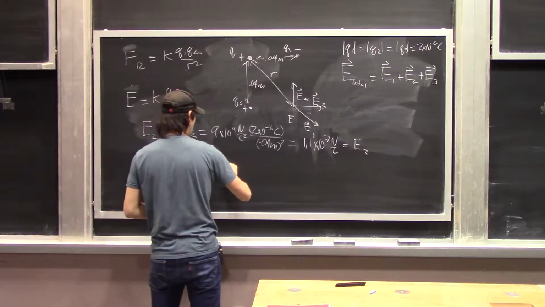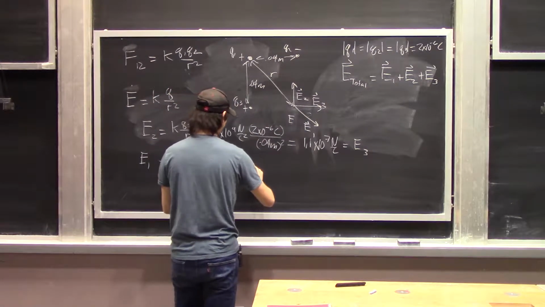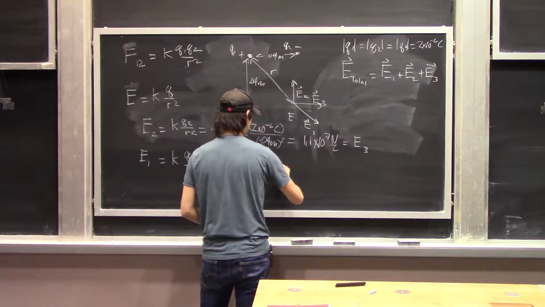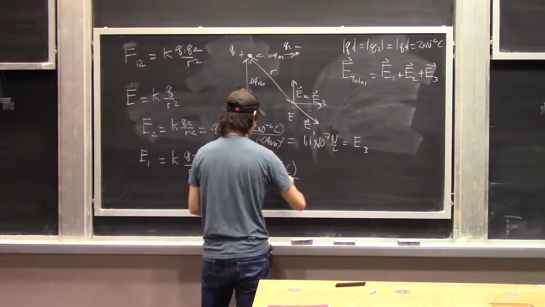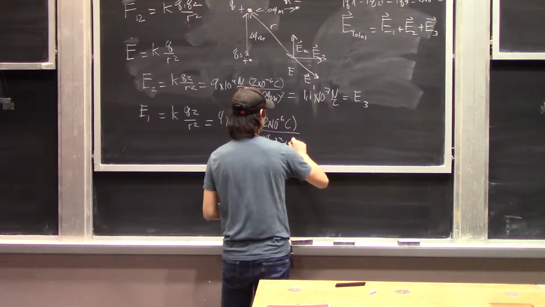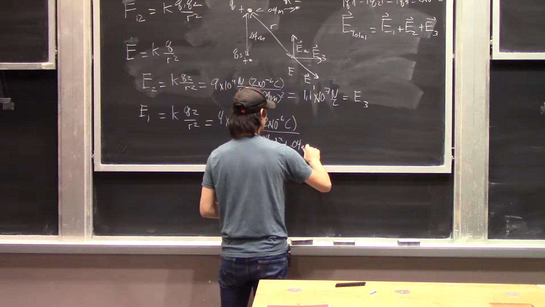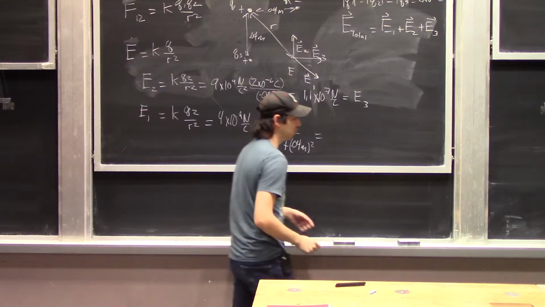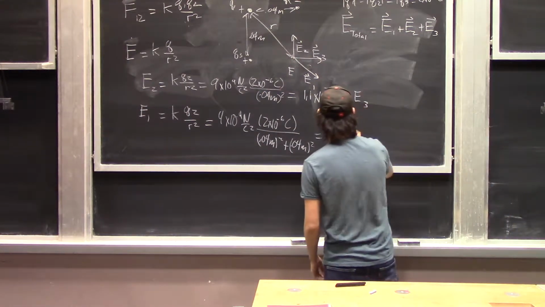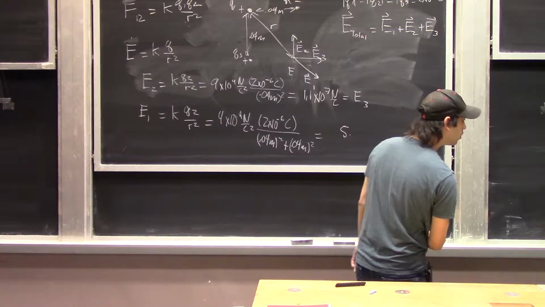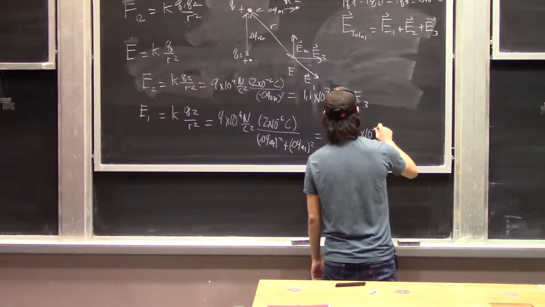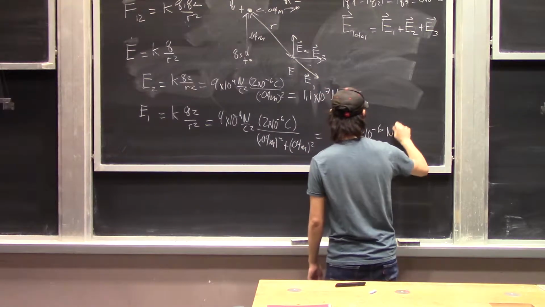And so this says that this is 9 times 10 to the 9 newtons per Coulomb squared times 2 times 10 to the negative 6 coulombs divided by 0.04 meters squared plus 0.04 meters squared. And this is going to give me a value of 5.06 times 10 to the negative 6 newtons per Coulomb.